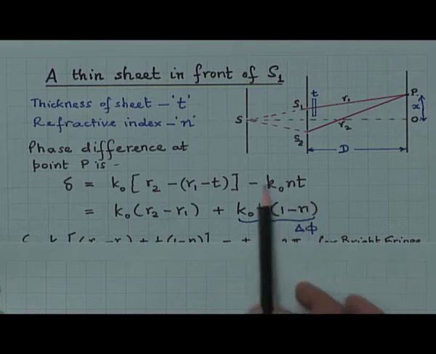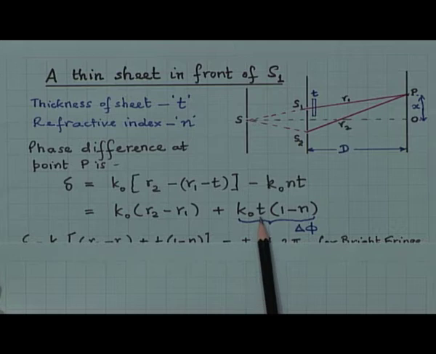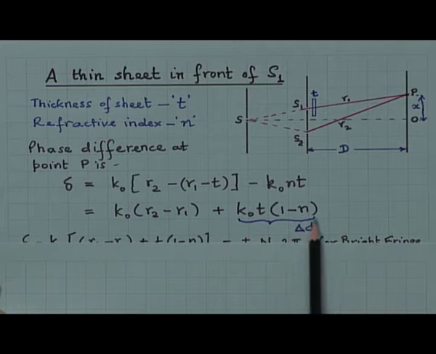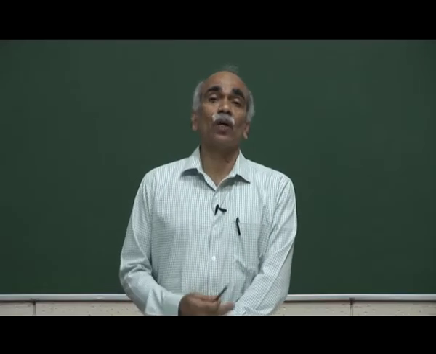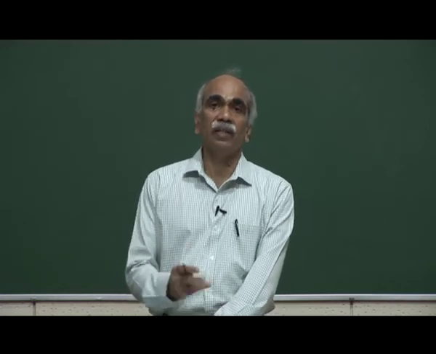So, this term is like the delta phi that we had introduced earlier, an additional phase difference of delta phi. t is a constant for the given film, refractive index is a constant and k0 is constant for a given source, and therefore, this is like an additional constant phase difference, and immediately we expect that the fringes should shift if a constant phase difference is introduced. So, let us see what is the shift in this fringe.